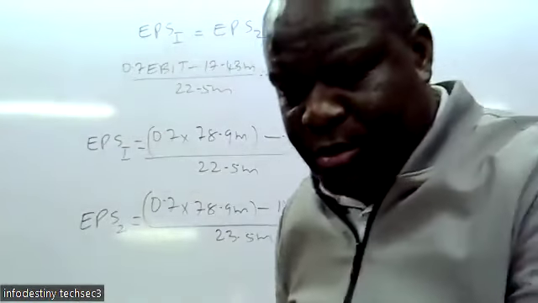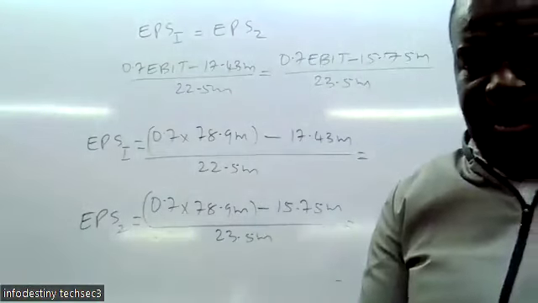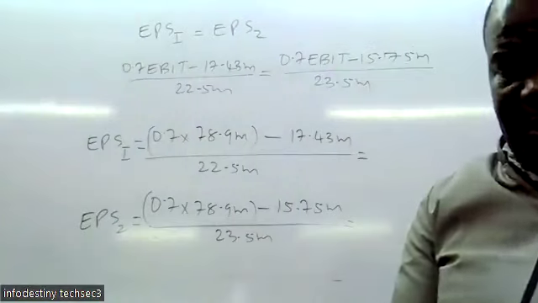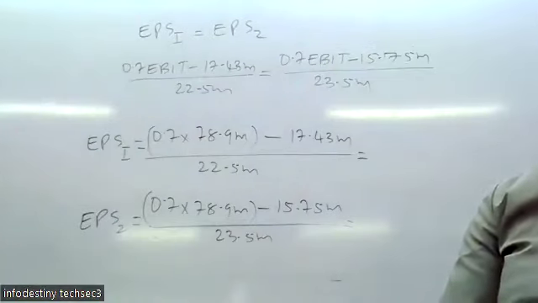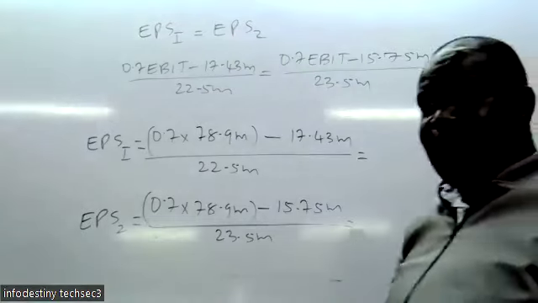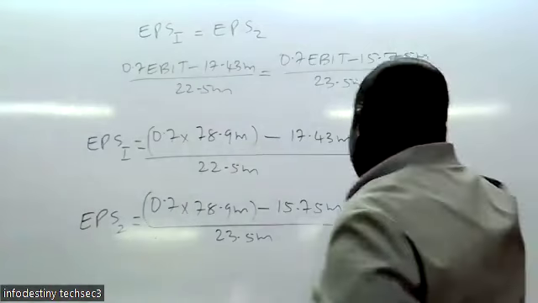In the question, they asked you to compute earning per share and also earnings before interest and tax at the point of indifference. So earning per share should be which figure? 1.68. So all of them are the same.